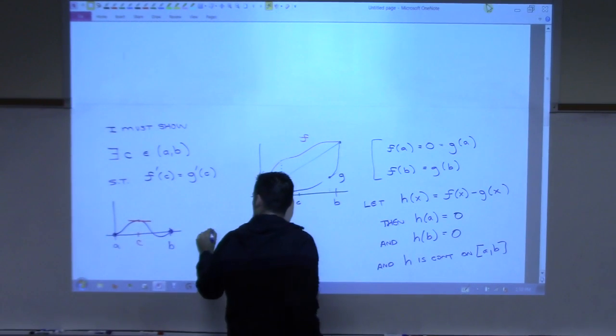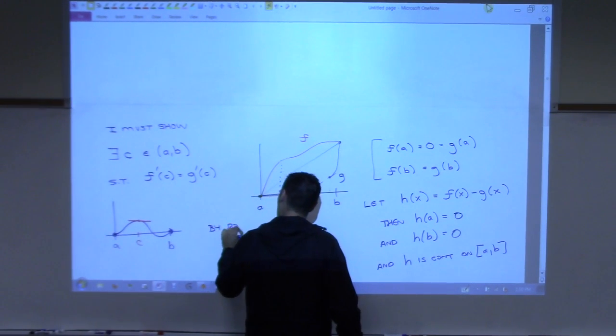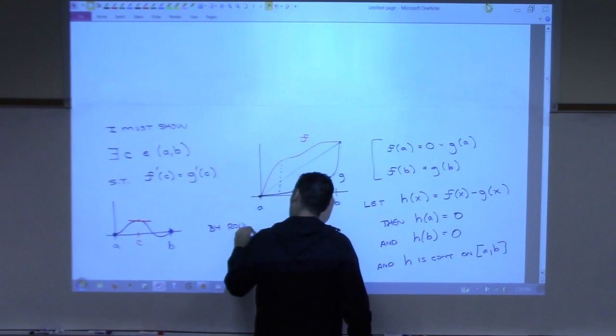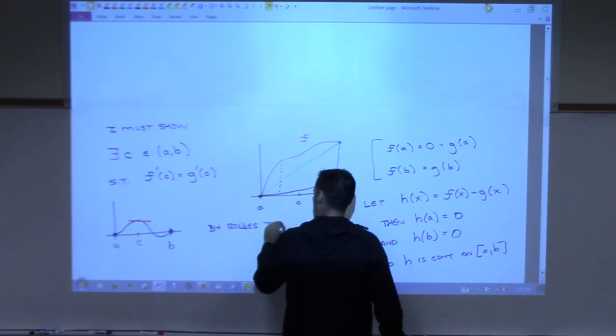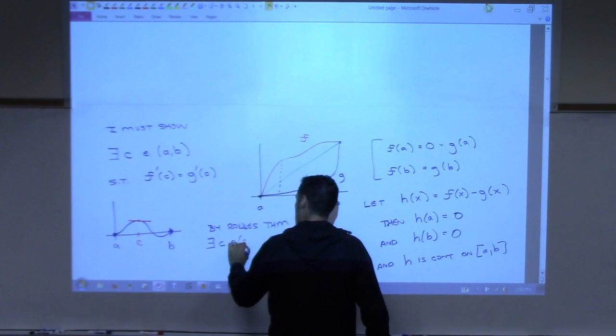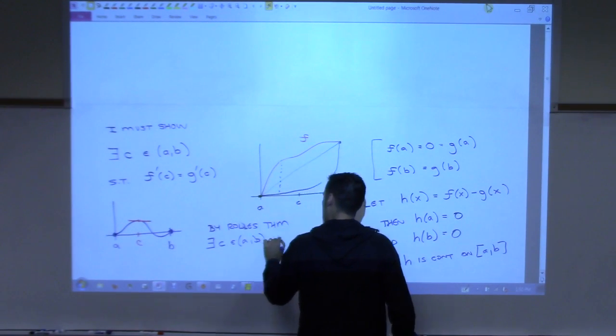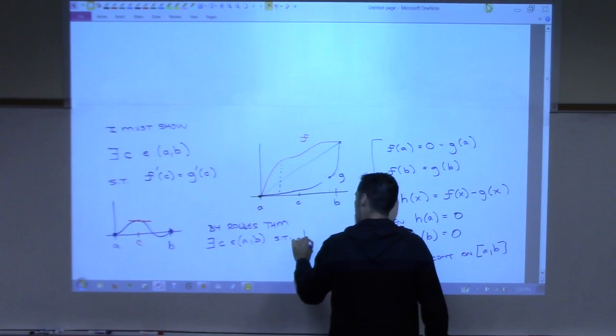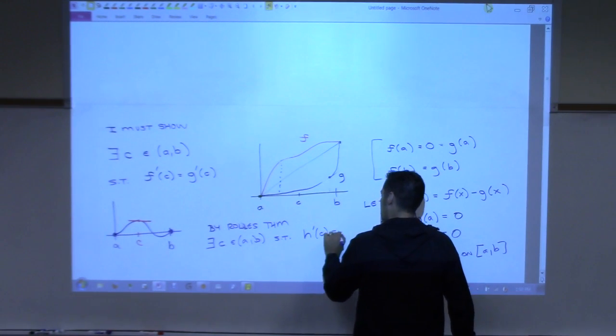So by Rolle's theorem, there exists a c, an element of (a, b), such that h prime of c is 0.